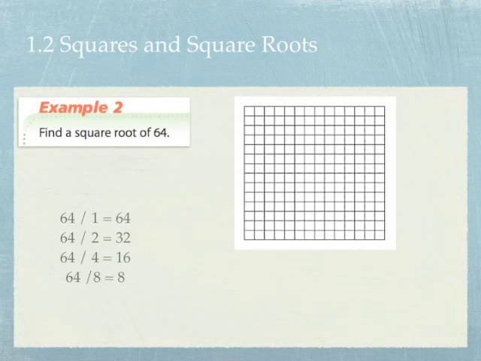So the way we are going to know it's a square is if we get 64 divided by a number, and that answer is the same number. So if we look down our list, we've got 64 divided by 8, and that equals 8, meaning that the square root of 64 would be 8. So if we were to show this, I would count out 8 horizontally and 8 vertically, and then there's my square of 64.